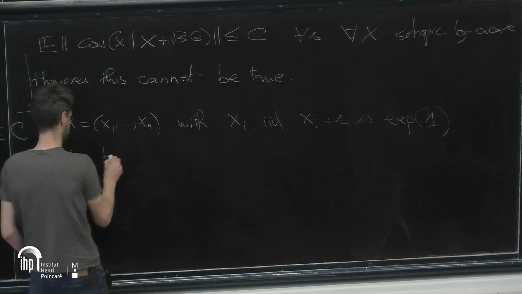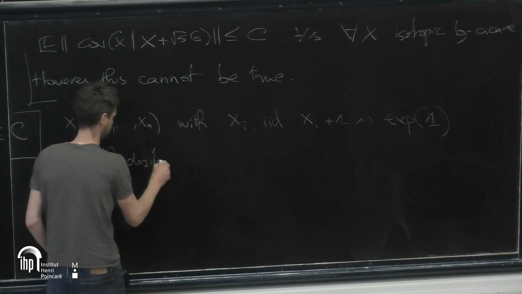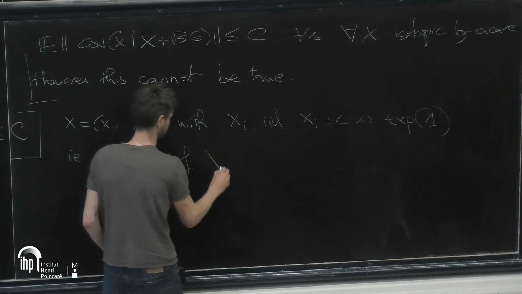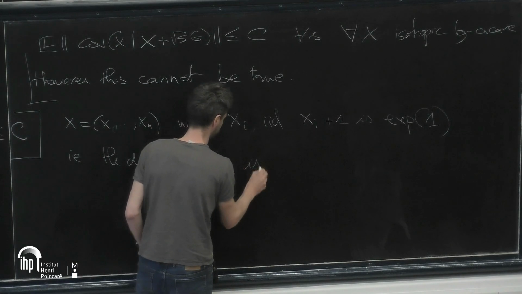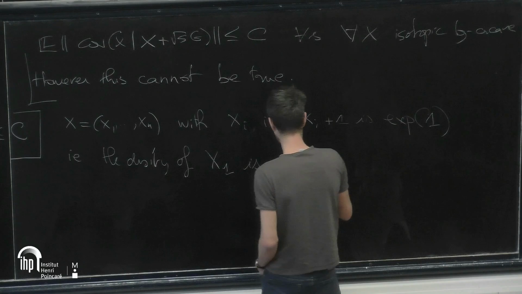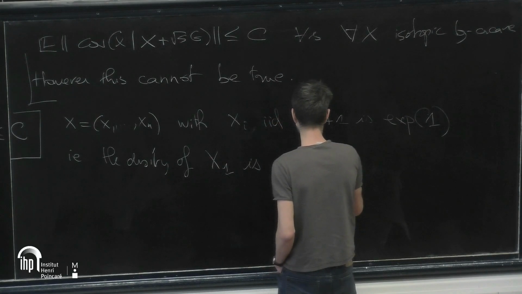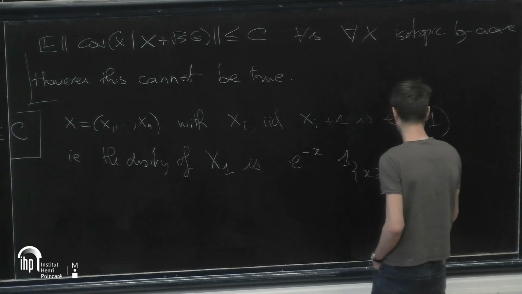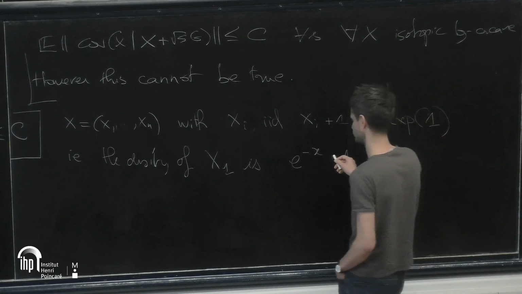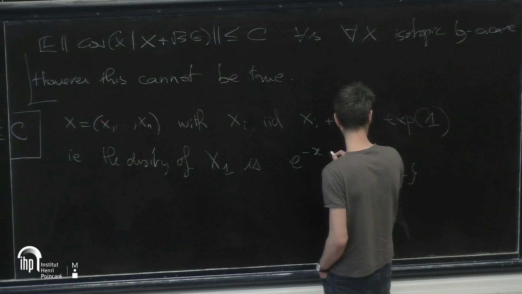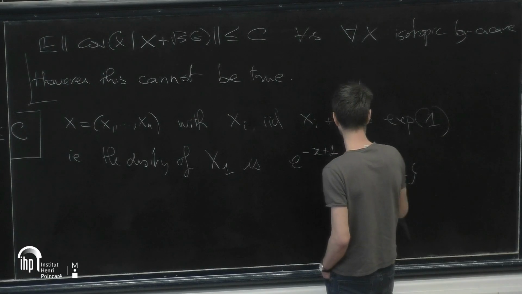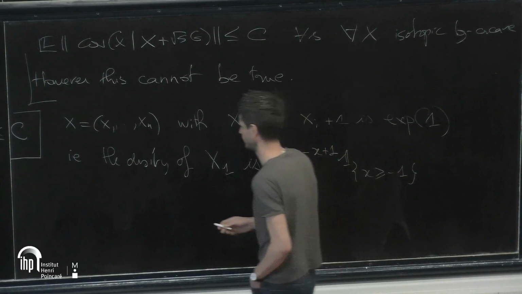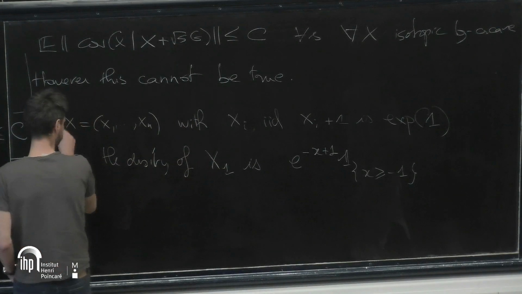So the density of x1 is e to the minus x, indicator that x is larger than minus 1. And there should be a constant. Is it a plus 1 or minus 1? Plus 1. Whatever. Okay.